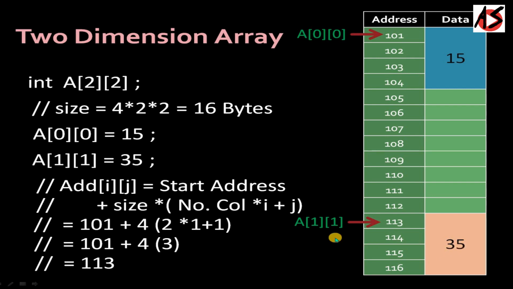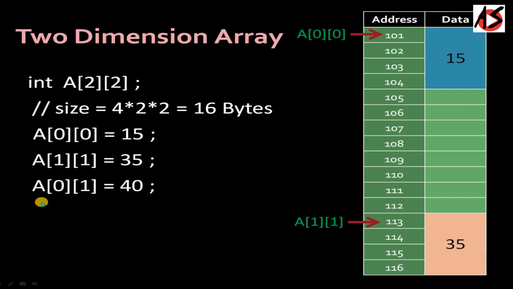Similarly, if we want to store A01, that is 40, you can calculate the address in the same way and we get 105, because this is row major. So after A00 we can store A01.